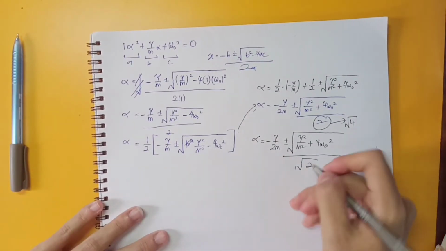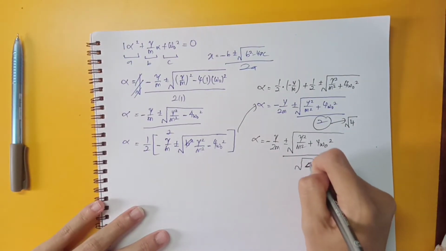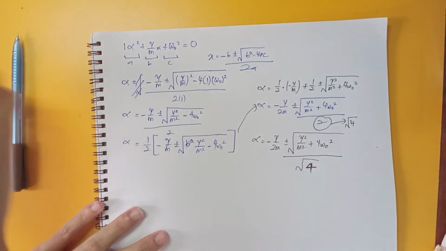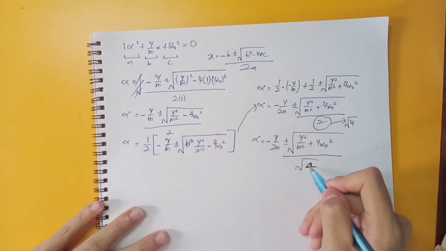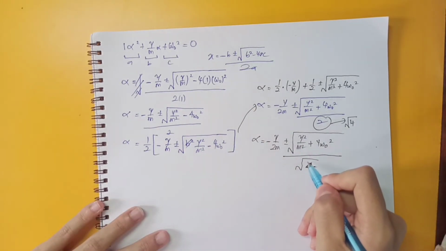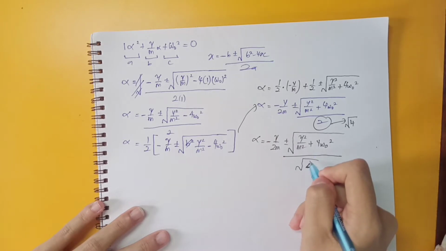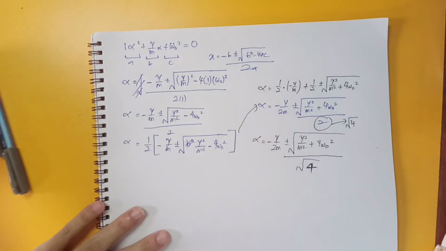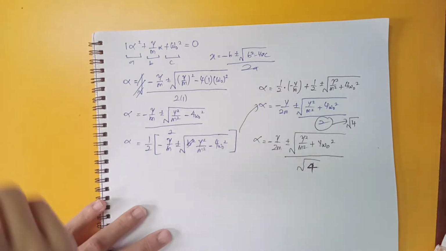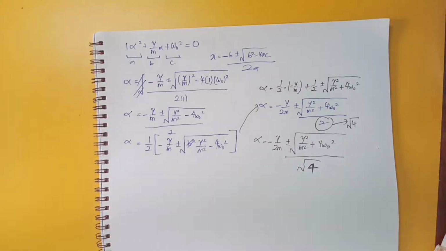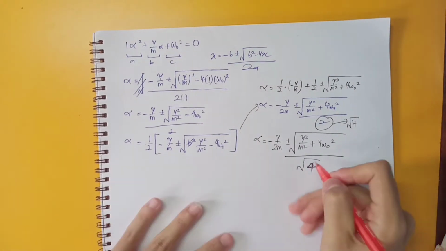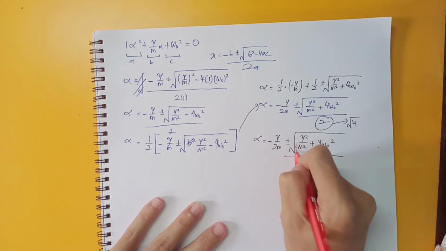Now, square root 4. When we do some square root 4 here, when we do the dividing, this will become 4, right?